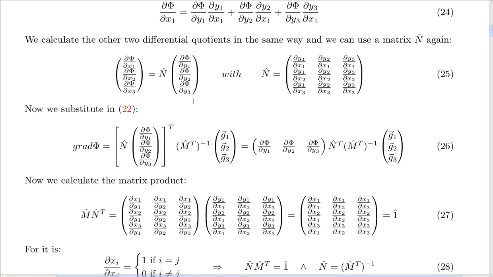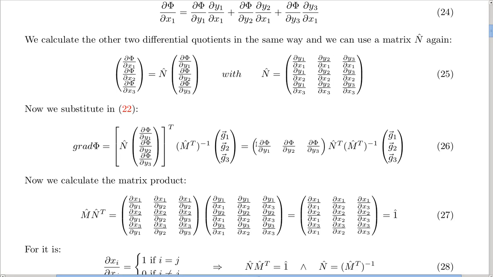Then we substitute in the expression for the gradient in the Euclidean space. It was a row vector with the differential quotients with respect to the x coordinates, and so we have to write not this, but the transposed one of this, and we exchange the vector with the e vectors by this expression with the g vectors, the basis vectors in the curved space.